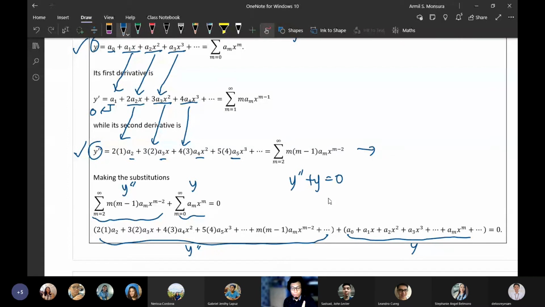Oh, question. What's the next step after this? Once we make the substitution, what's the next step that we can do after this? Nakapag-substitute na kayo eh.